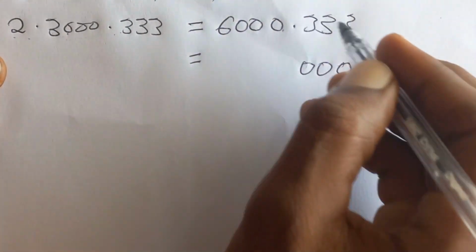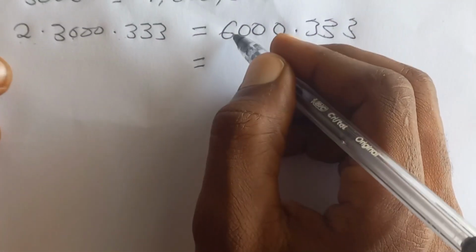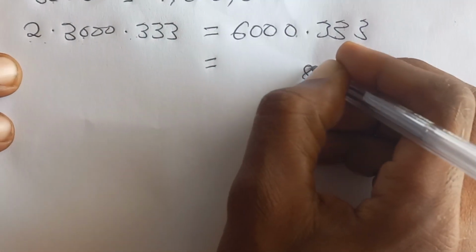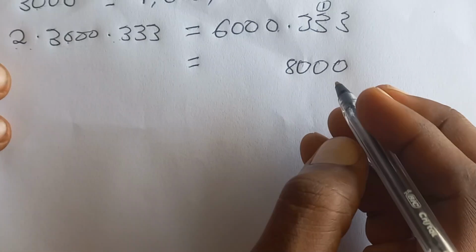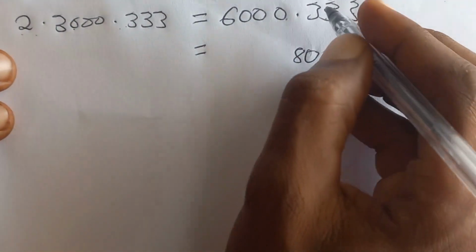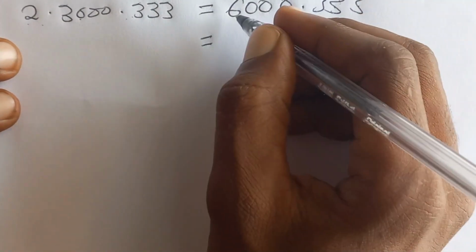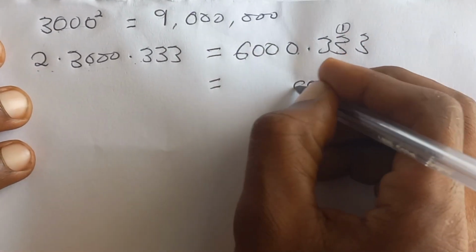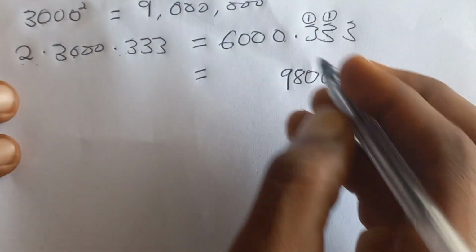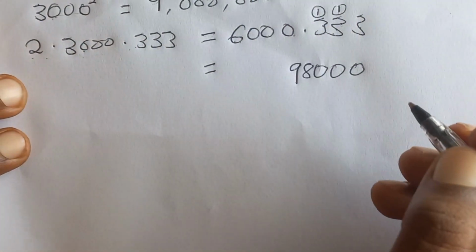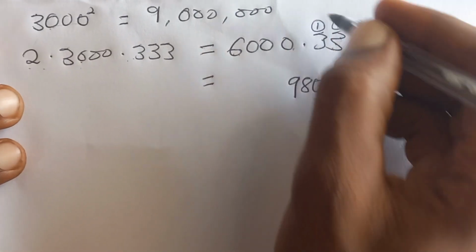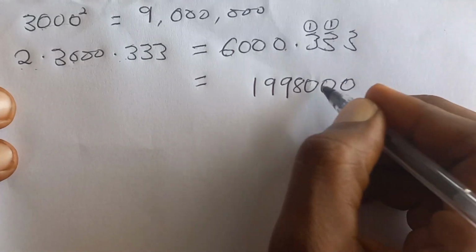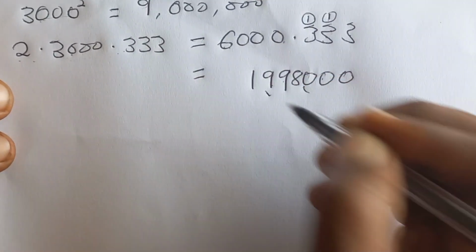Now 3 times 6, we get 18, so 8 and we carry 1. Then 3 times 6 is 18, plus 1 is 19. So 9 and carry 1. 3 times 6 is 18 plus 1, which is 19. So we get 1,998,000.